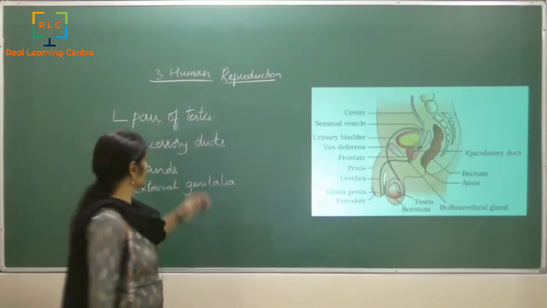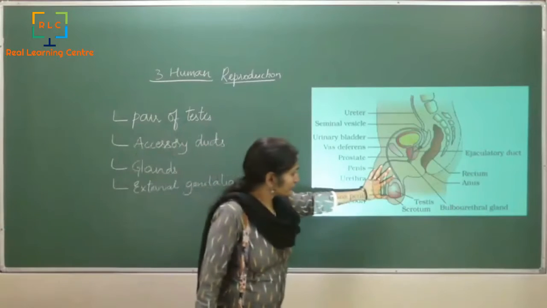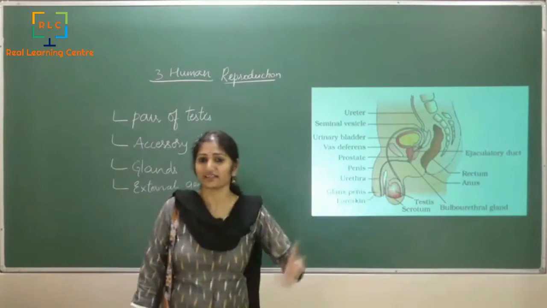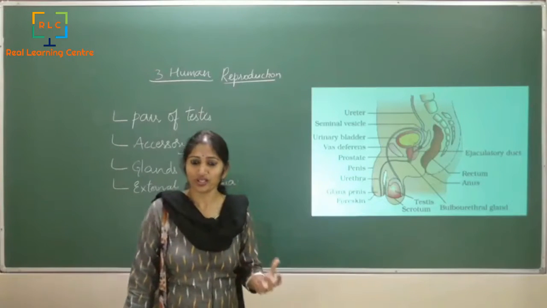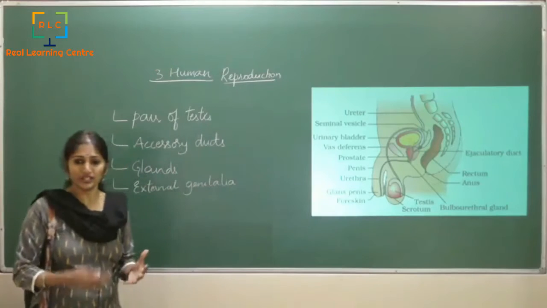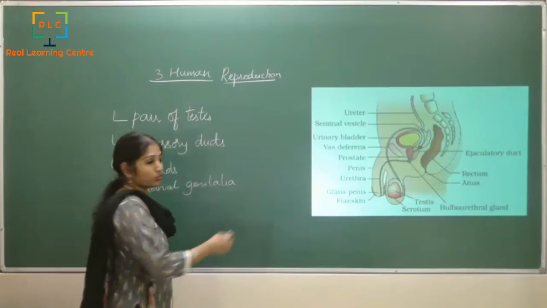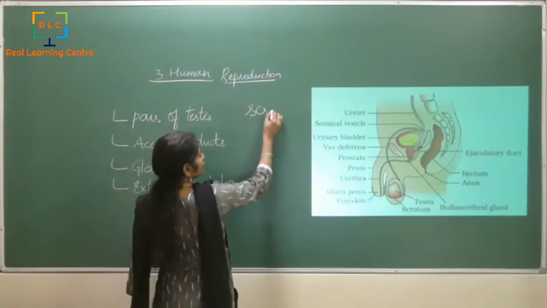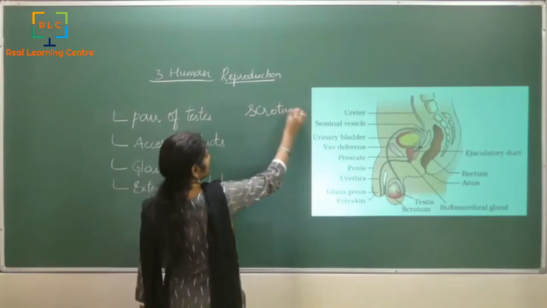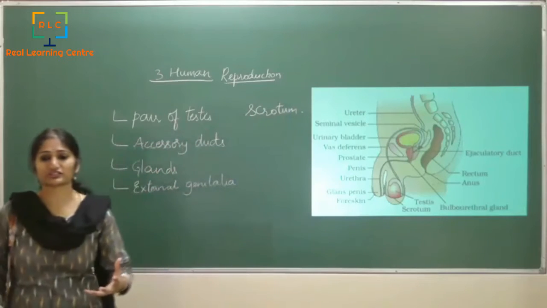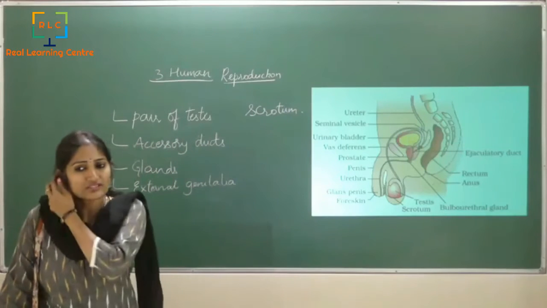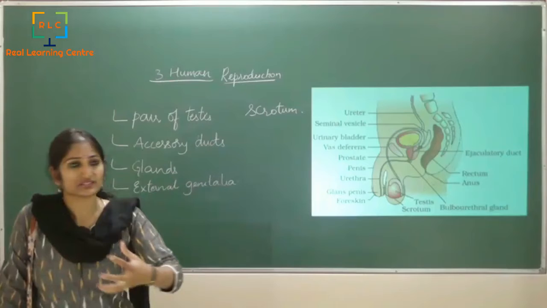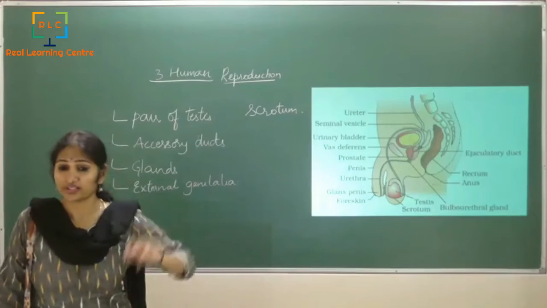Okay, you can see that the pair of testis is actually present in a sac like structure. Okay, it's outside the body, and that is what we call as the scrotum. Scrotum is nothing but the sac. It's called as the scrotal sac. Scrotal sac is there, and the scrotal sac is present outside the body.